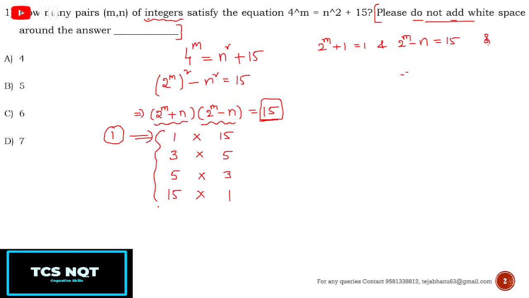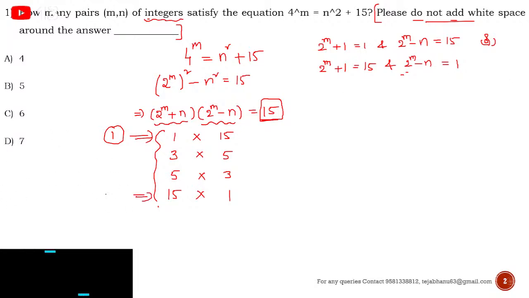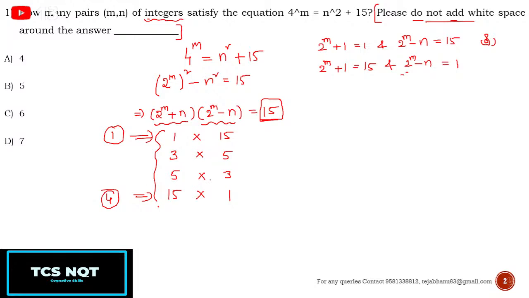Or I can consider 2 power m plus n is equal to 15 and 2 power m minus n is equal to 1. From the fourth case, I can take it like that.